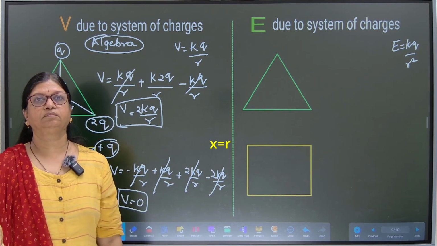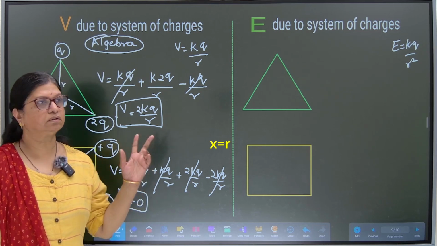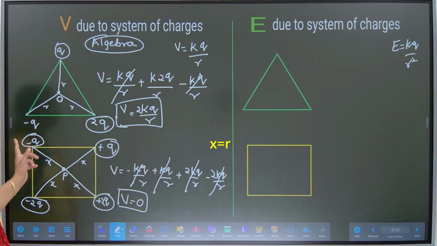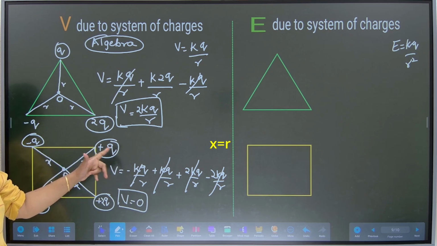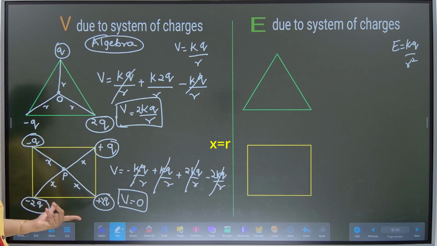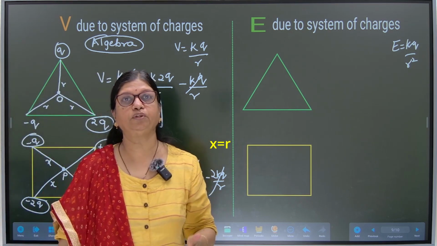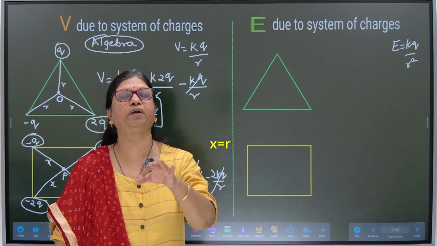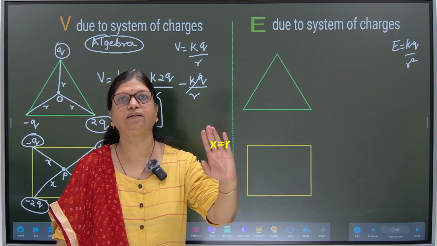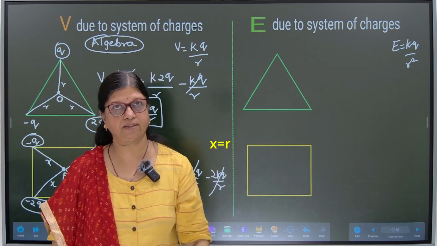Because these two are of the same magnitude and opposite polarity, and these two are of the same magnitude and opposite polarity, my answer becomes 0. But my point here is that I have to add the individual potentials algebraically. Just add them with their polarity used.